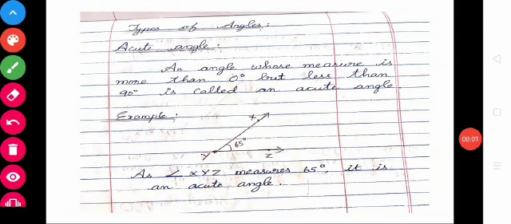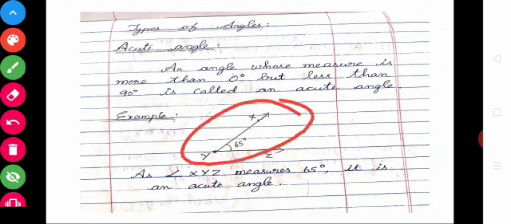See the next one, types of angles. Acute angle: an angle whose measure is more than 0 degree but less than 90 degree is called an acute angle. See that in the example figure, angle XYZ measures 65 degree. It is an acute angle.